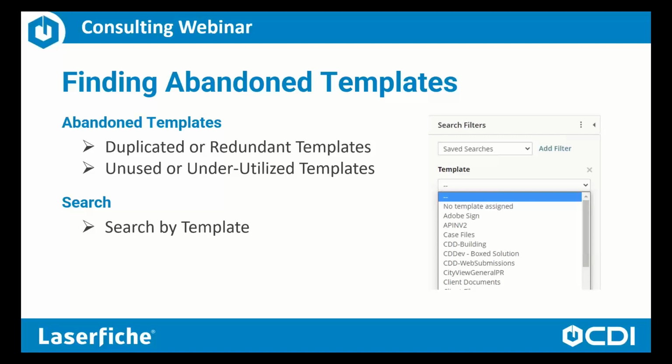To find abandoned templates, we can use the search by template feature available in the Laserfiche web and desktop client. We can also search by specific fields to determine which fields are assigned to documents.